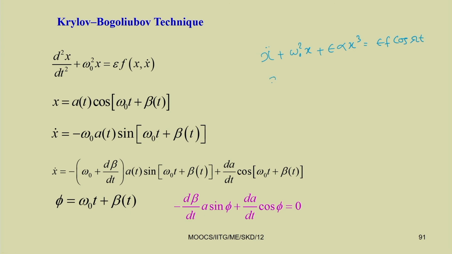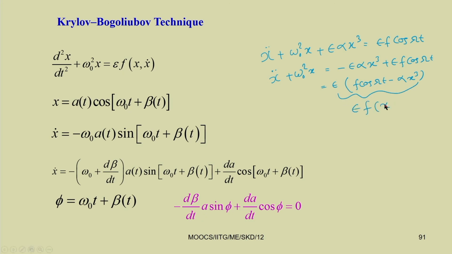So, here this equation is written as x double dot plus omega 0 square x equal to minus epsilon alpha x cube plus epsilon f cos omega t. By taking this epsilon common, we can write this equal to epsilon (f cos omega t minus alpha x cube). So, this whole term can be written as epsilon f(x).